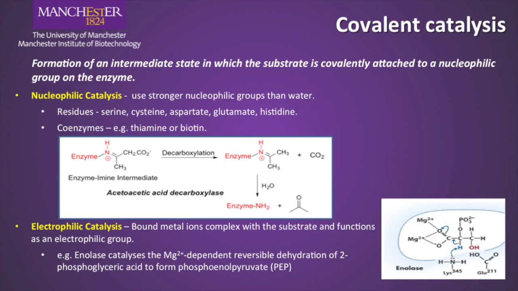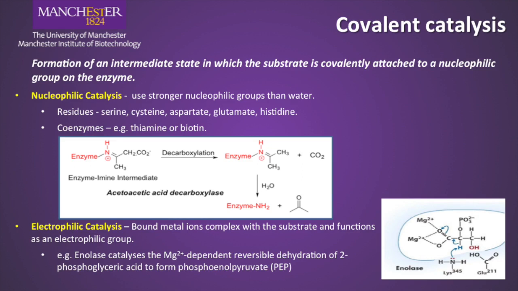Nucleophilic catalysis exploits the use of strong nucleophilic groups, those groups in the enzyme or the protein molecule which have stronger nucleophilic properties than water itself, and these typically are residues such as serine, cysteine, aspartate, glutamate, or histidine amino acid side chains in a protein polypeptide sequence, or occasionally the nucleophile can be supplied by a coenzyme or small organic molecule bound in the enzyme active site, such as thiamine or biotin.